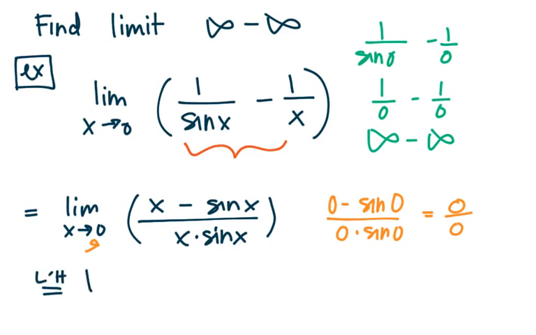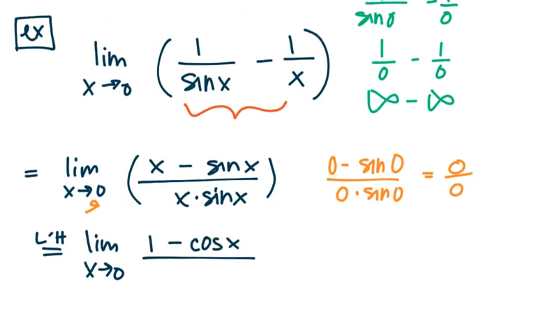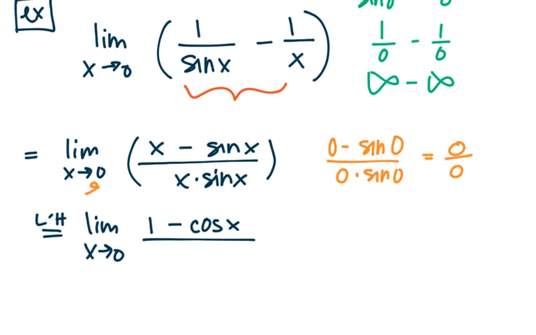So we've got the limit as x goes to 0. The derivative of x is 1. The derivative of sine is cosine. And in the denominator, when I calculate my derivative, I need to use the product rule.